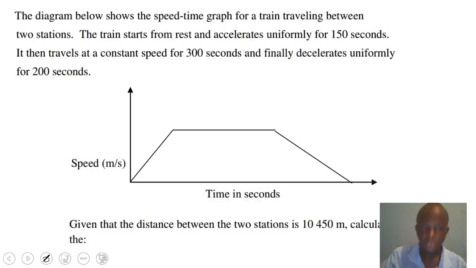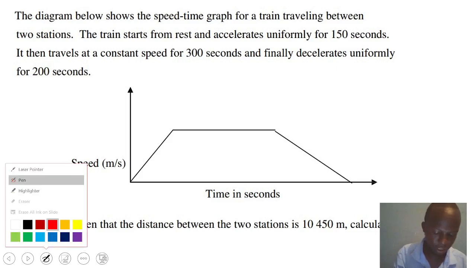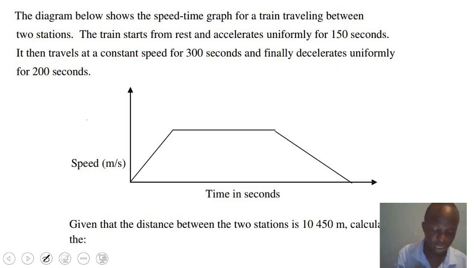So let us first of all try to figure out this particular velocity time graph. In most cases, the velocity time graph is normally given as velocity against time. But in this case, it is speed.